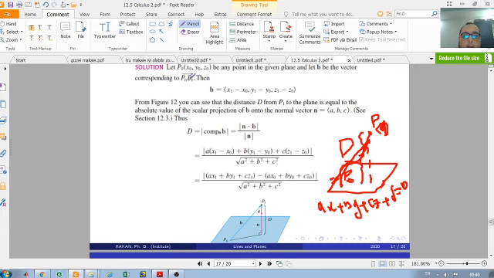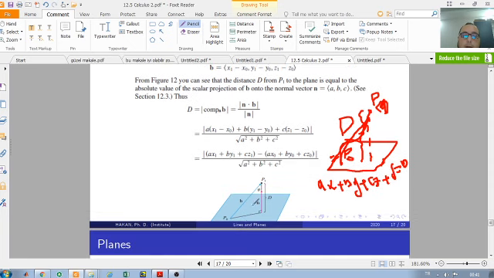First writing the terminal point of the vector b. So you can see the distance from P1 to the plane is equal to the absolute value of the scalar projection of b onto the normal vector. If you remember, the projection of the vector b onto the normal vector will be the vector from here to the point P1.